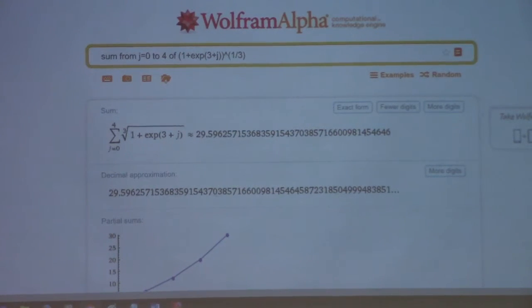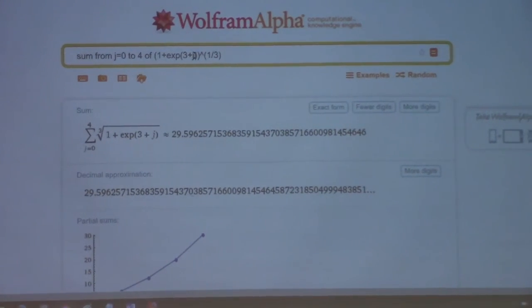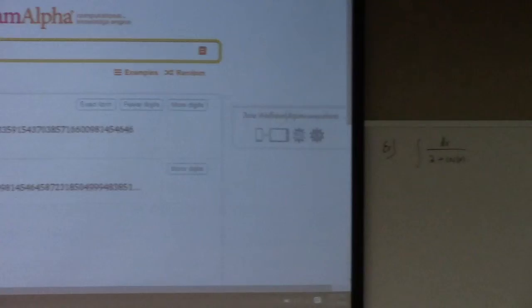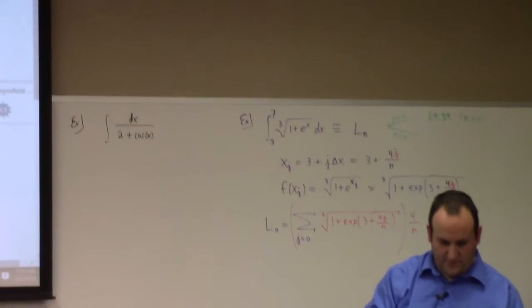Well, let's see. What would this look like if we said, say, n equals 10? How would this change? What do I have to do here? I'm going to be lazier.